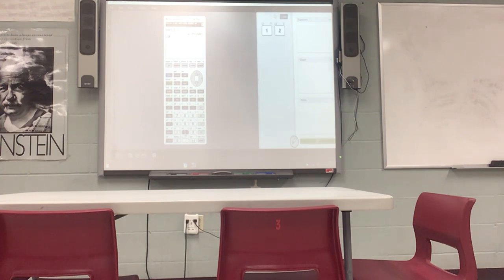Then to get to factorial, I'm going to hit math. See those headings up there at the top? There's one that says PRB. That stands for probability. So I'm going to move it over to probability, and there's my factorial down there at number 4.